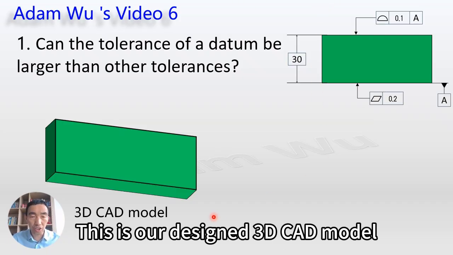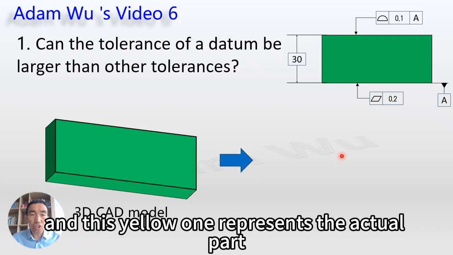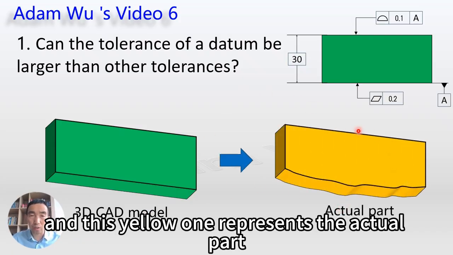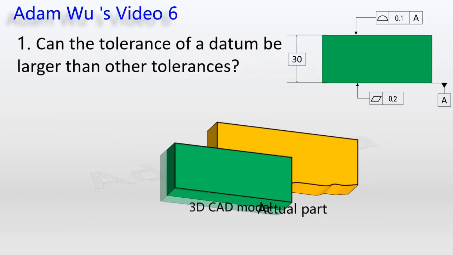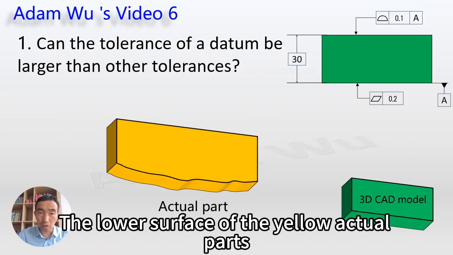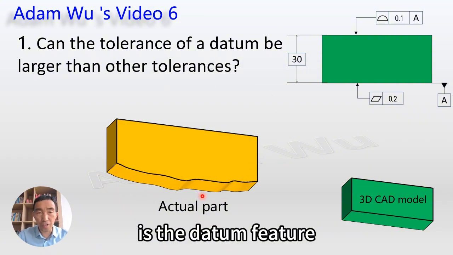This is our designed 3D CAD model, and this yellow one represents the actual part. The lower surface of the yellow actual part is the datum feature.